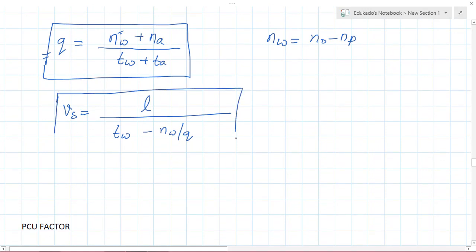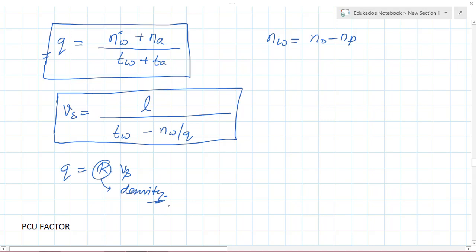And if we want to calculate the density also from here, then we can use the relationship Q equals K times Vs. So here K is the density. So using this moving observer method, we can calculate the values of flow, average velocity, and the density.